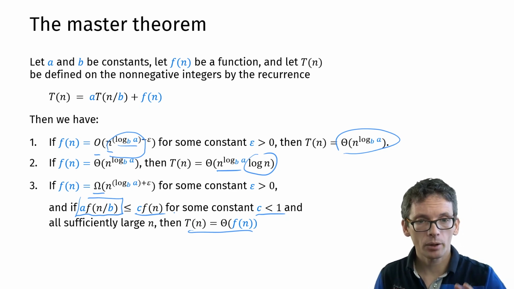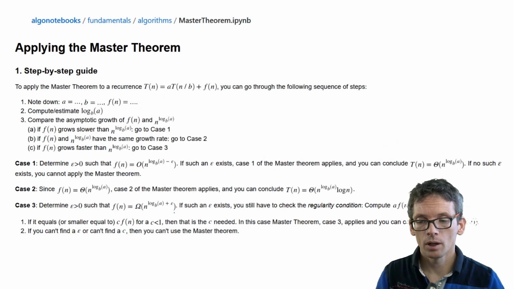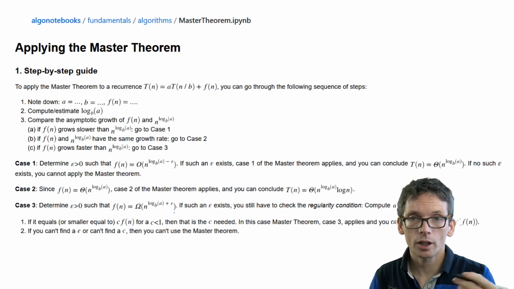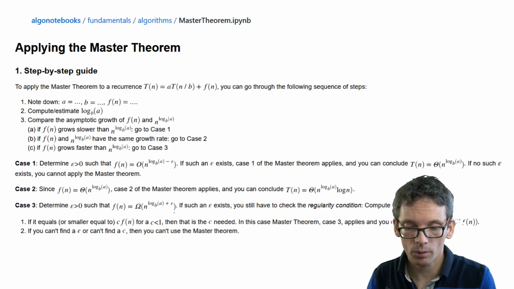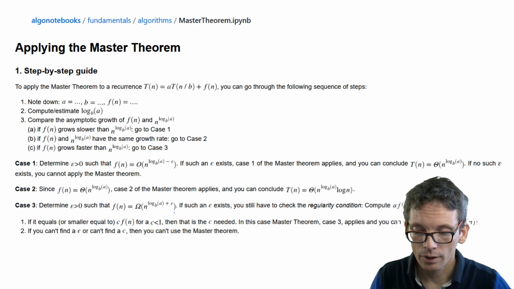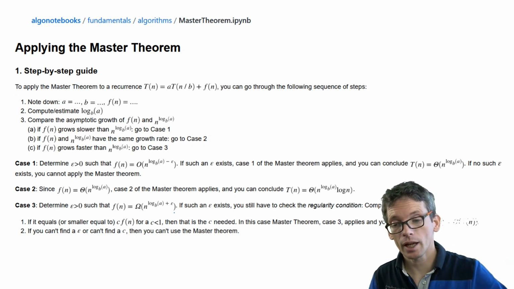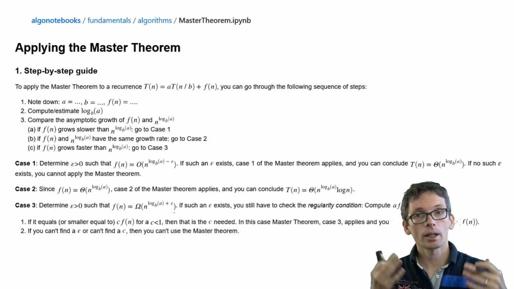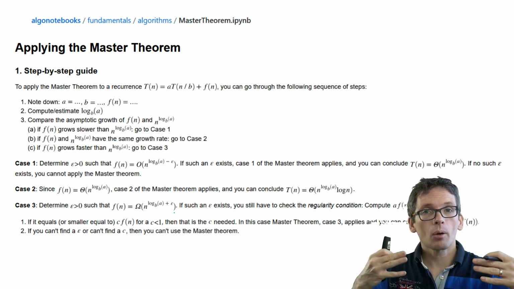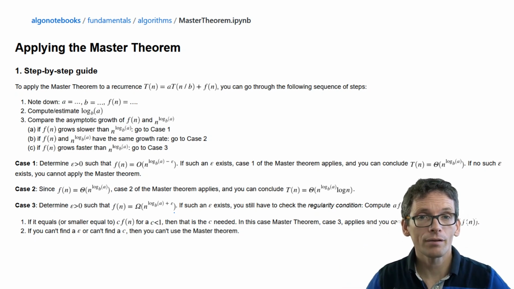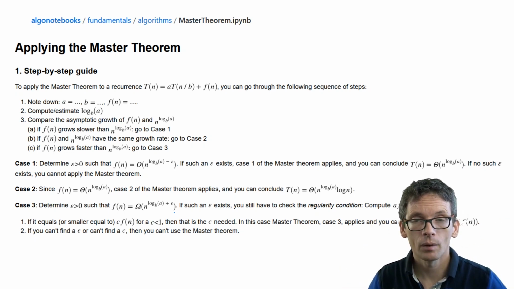Just let me remind you, we have a notebook on this, which is a bit of a step-by-step guide which tells you what to do if you want to apply the master theorem. It's fairly straightforward. You're looking for what is a, what is b, what is f(n), you're going to compute log a base b, and so on. With the master theorem, you can really solve recurrences cookbook style, assuming that they fit this pattern.